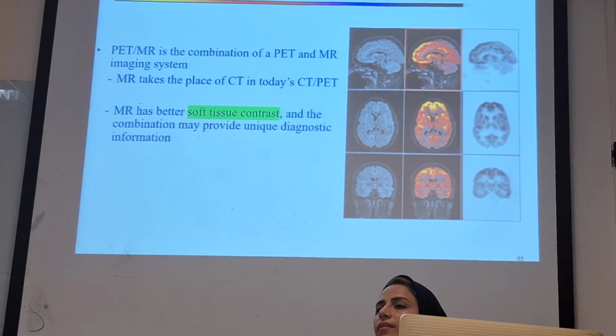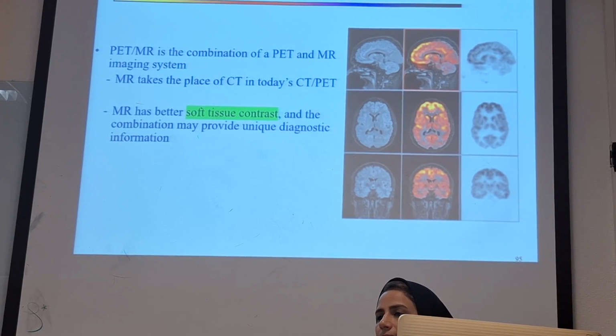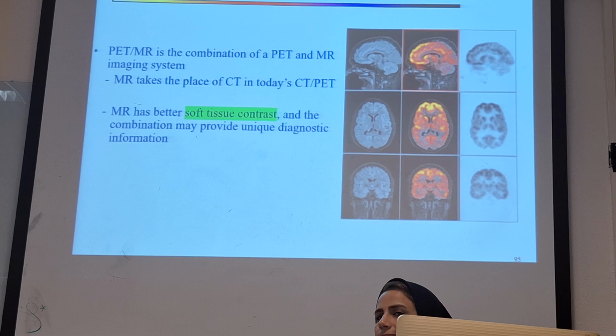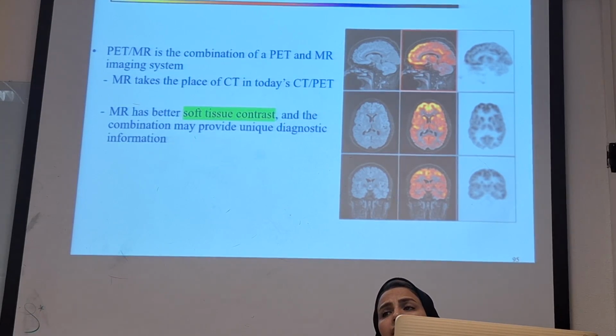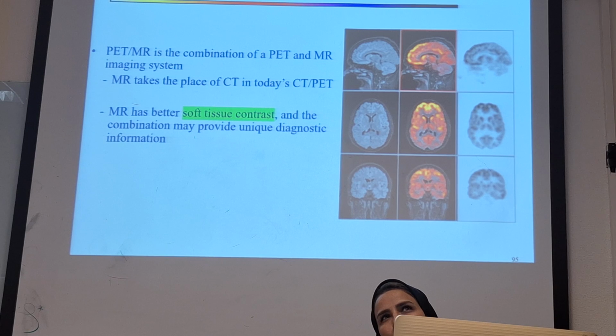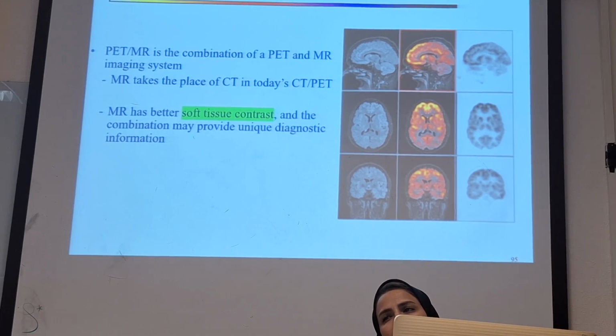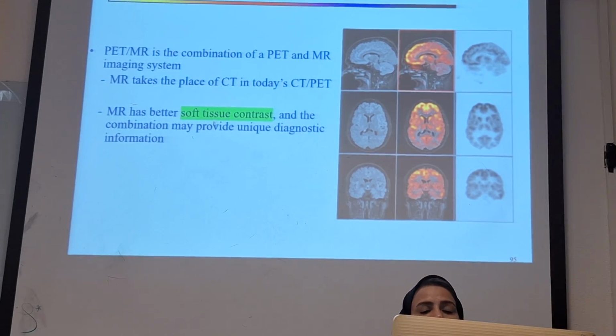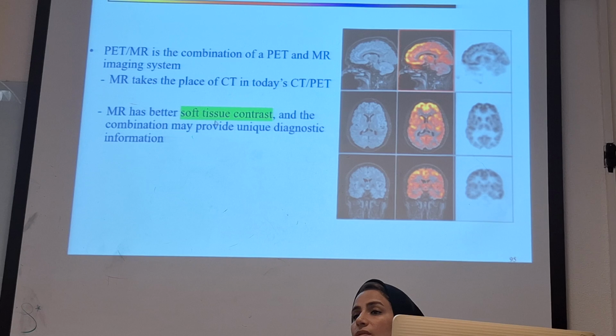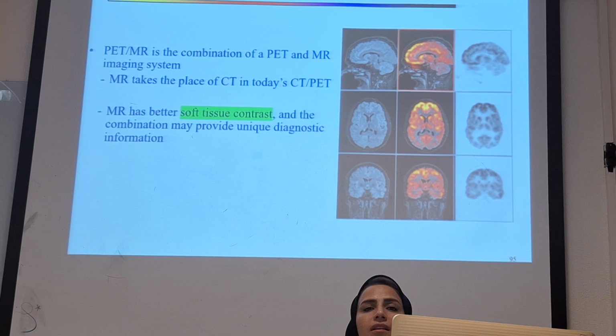What is the difference between the CT and MRI? CT uses radiation. Related to the image quality, here is the difference. In MRI, the soft tissues have high contrast. Yeah, in the MRI, the soft tissue has more contrast.